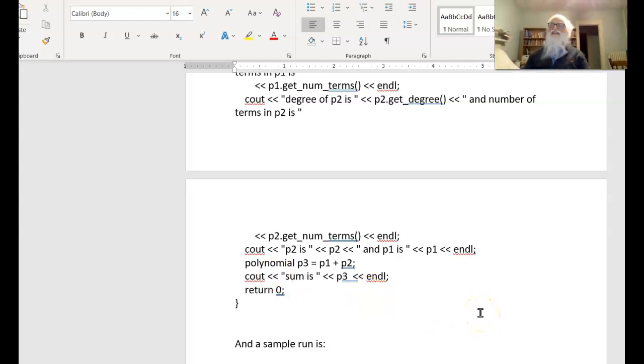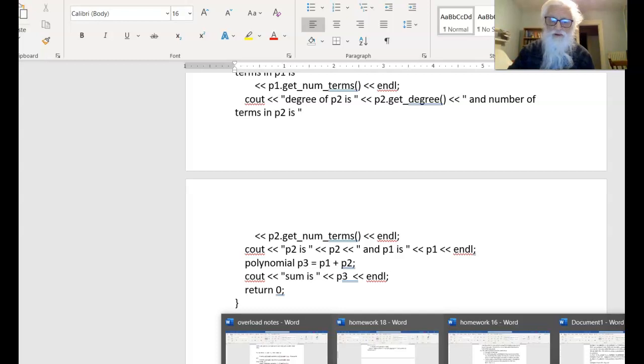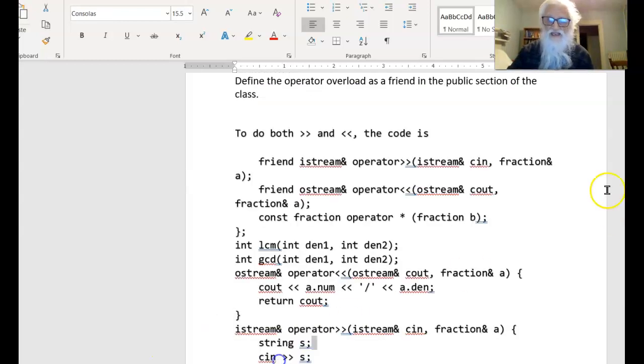So instead of the print that we had in the previous homework, you have to overload the chevrons for output. And I suggest that you look at the last video and the last items I put out. I have it right here, the overload notes. There is how to do it, and there's a sample there showing it.